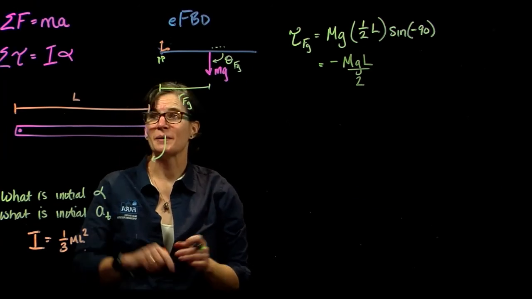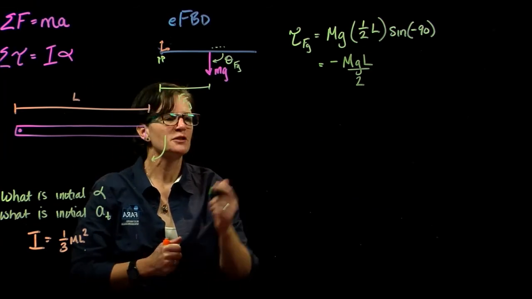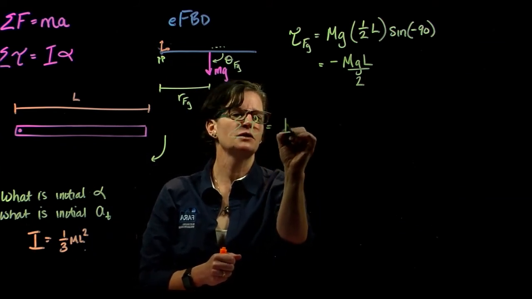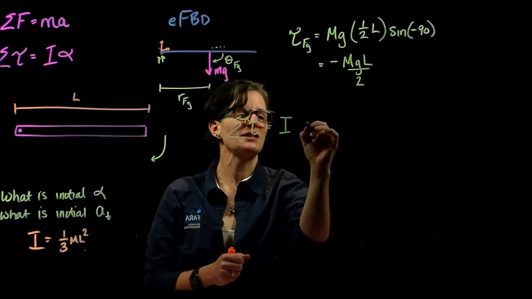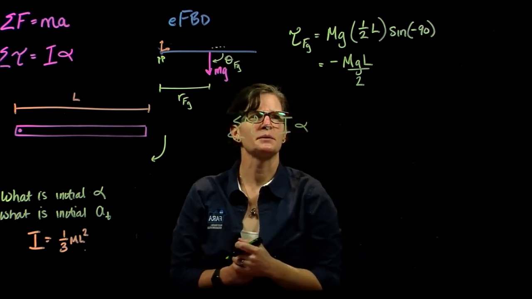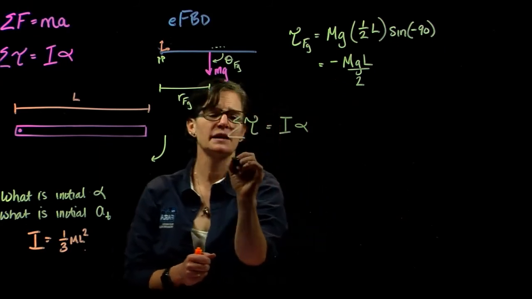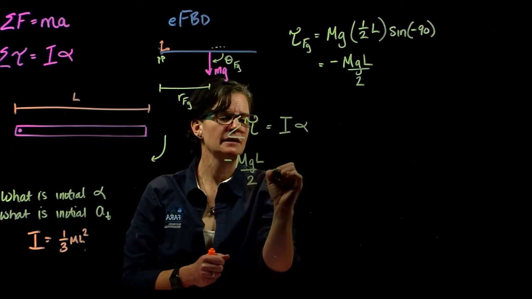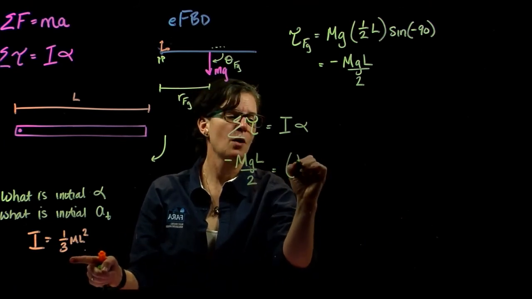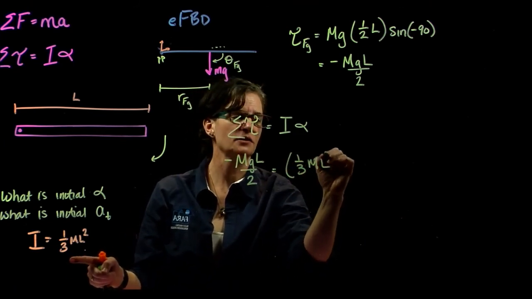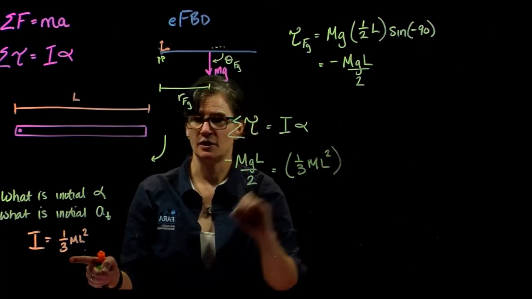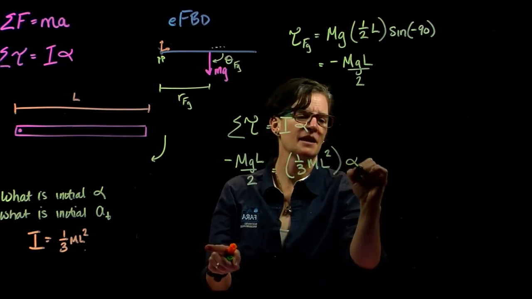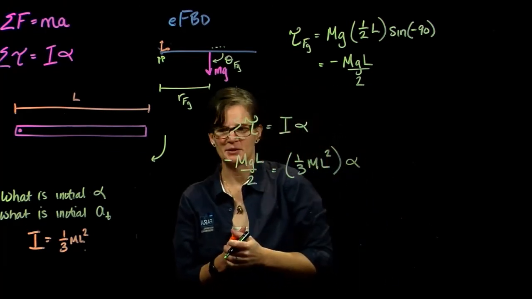Now let's determine our acceleration. So we know that the net torque is equal to the moment of inertia, or the rotational inertia, times the angular acceleration. The net torque is minus mgL over 2, which is equal to 1/3 mL squared, our moment of inertia for a rod fixed about its axis, times our angular acceleration.